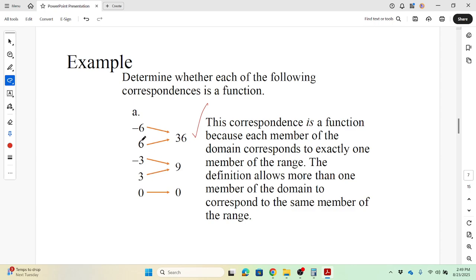No problem. Repeating on the range side is not a problem. Okay? But one single input from the domain side giving you two outputs, if you have two different arrows coming from the same input, that would be a problem.